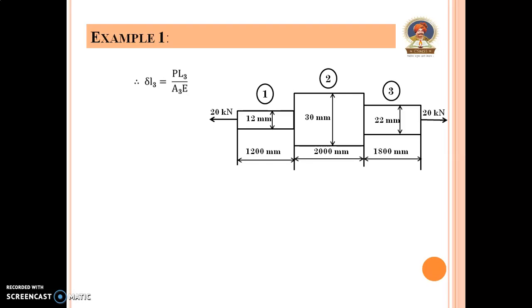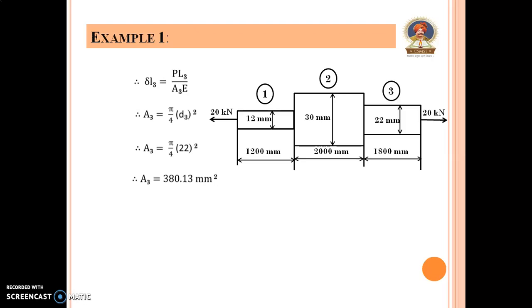As we know, the area for a circular bar is A is equal to pi by 4 d square. Here d is equal to 22 mm. So the equation becomes pi by 4 into 22 square. So the area is 380.13 mm square.